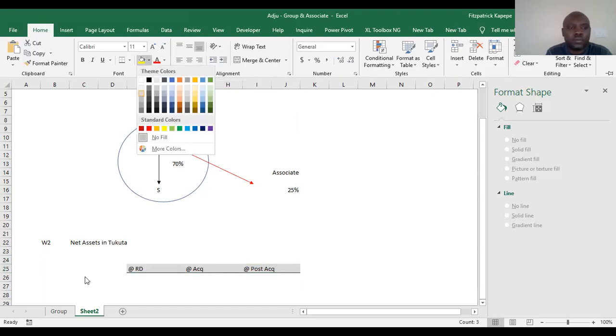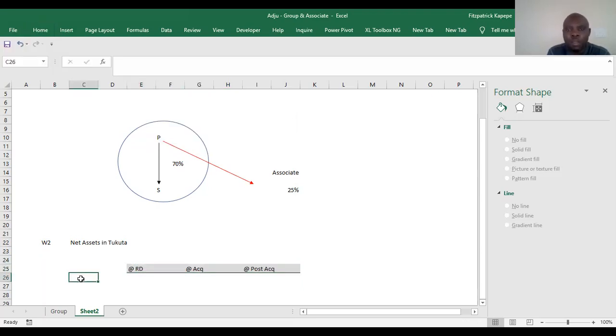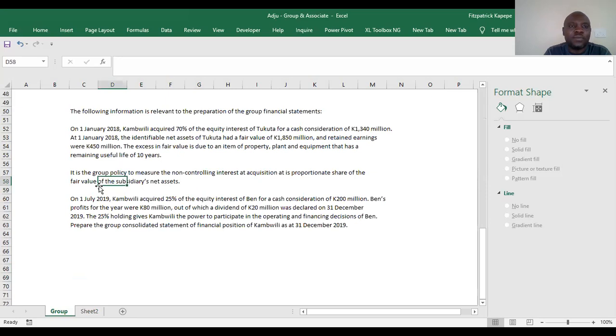So at acquisition, what we do, we just go to the balance sheet and pick them as is. We don't need to memorize that component. So we have the equity shares, the share capital.